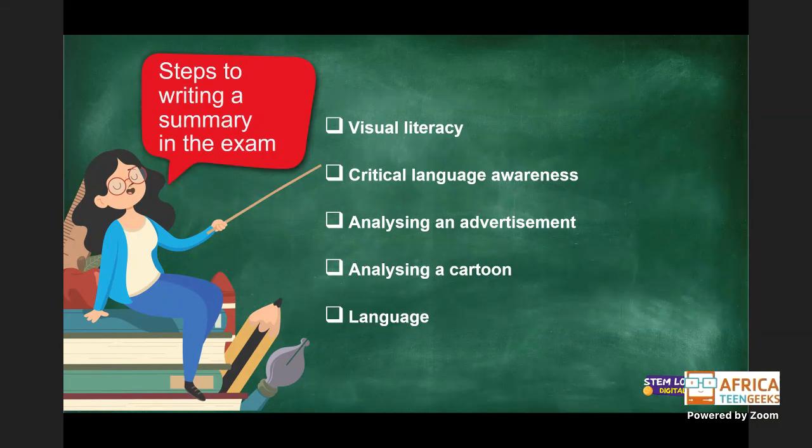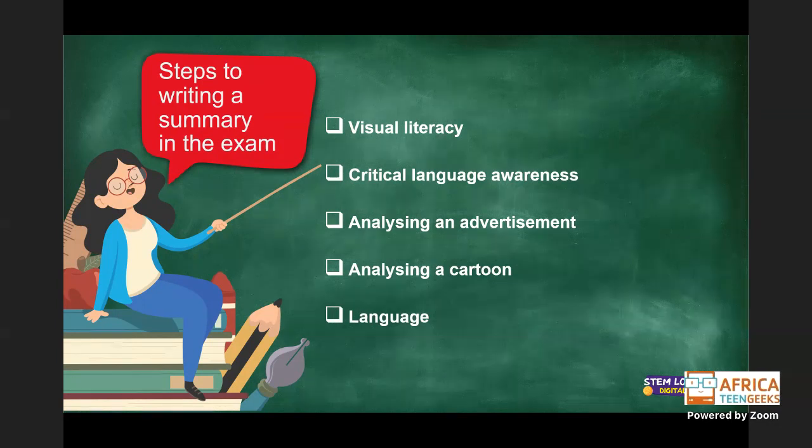So this will include vocabulary and language use, sentence structure, and writing and editing skills, okay? And it will also test your visual literacy skills and your ability to critically analyze a text so that you understand what is being communicated, okay?